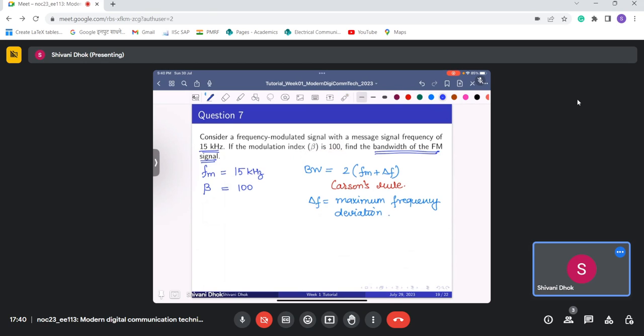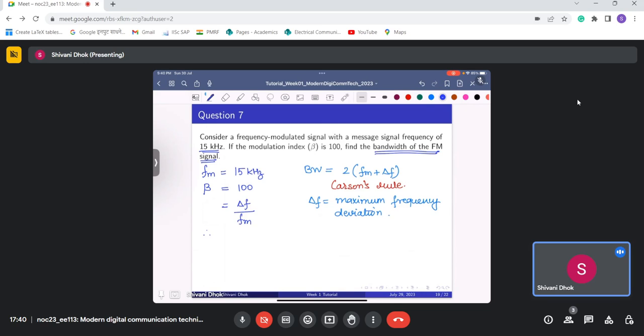So now what we can do is see if this modulation index can be used in order to find the frequency deviation. Yes, we can do that because this modulation index is directly related to the frequency deviation, as it is the frequency deviation upon the signal frequency, that is delta F by Fm.